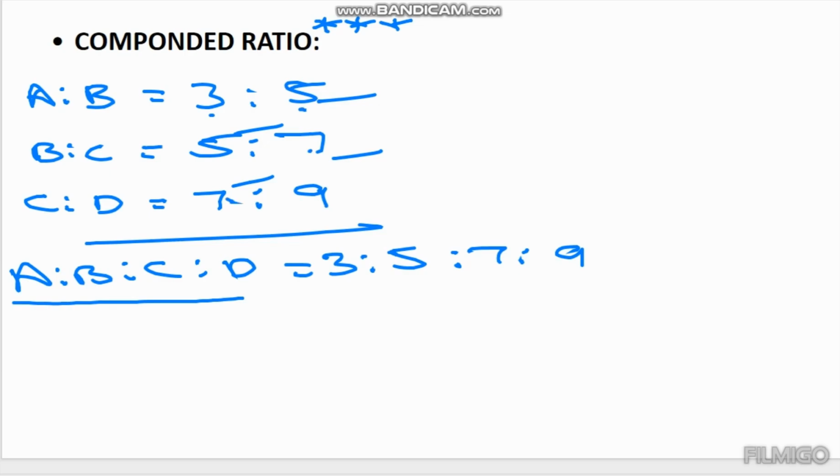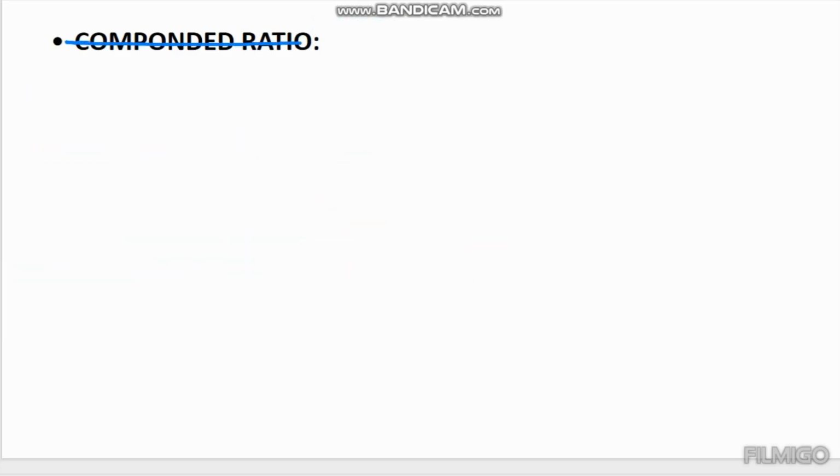So what if the ratios are not common? Let us see. If here B and here B are not common, then the ratios are calculated by the top to bottom method.